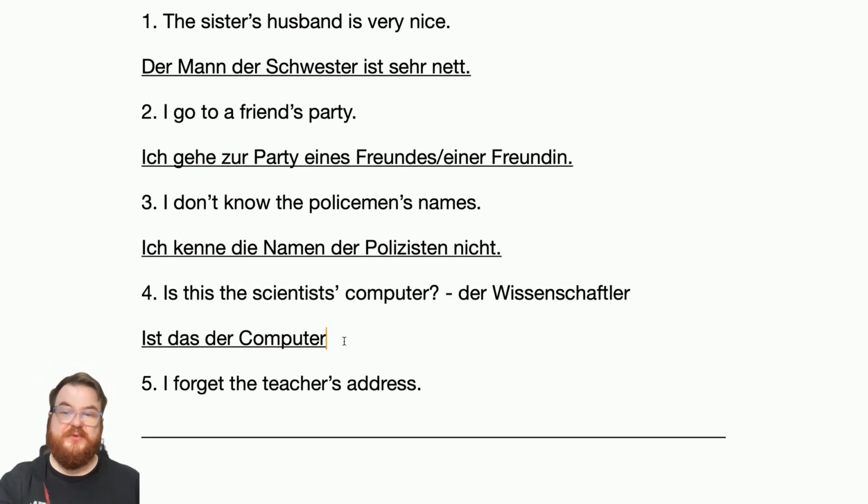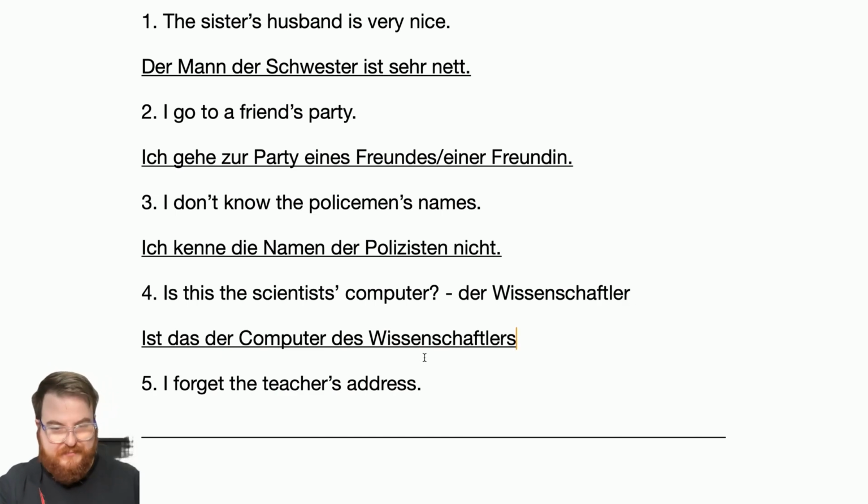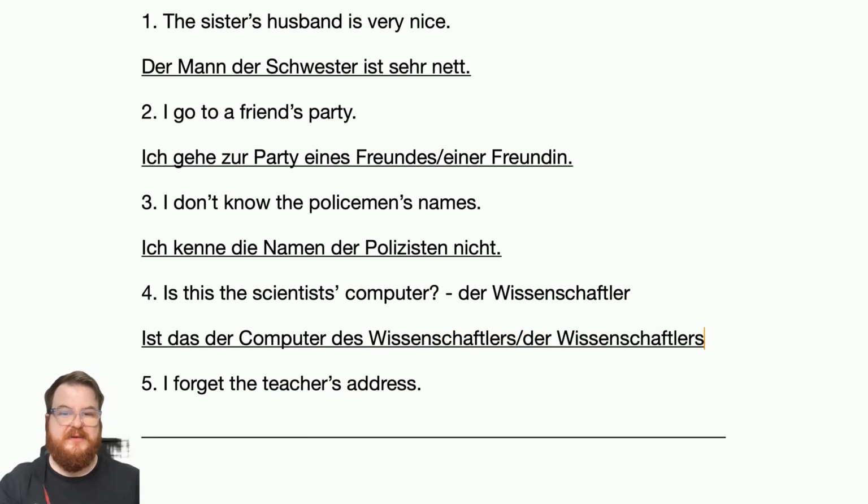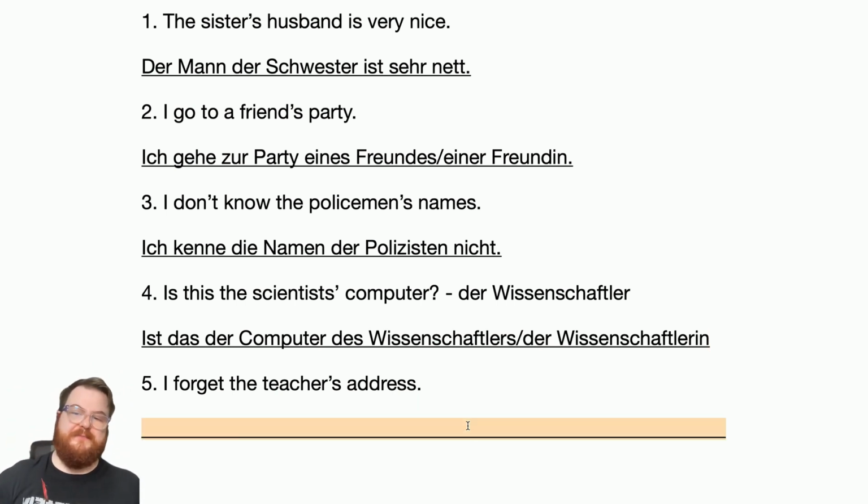Ist das der Computer des Wissenschaftlers? If it was masculine, it would be that. If it's feminine, it would be Wissenschaftlerin. So des Wissenschaftlers for a man, or der Wissenschaftlerin for a female scientist.